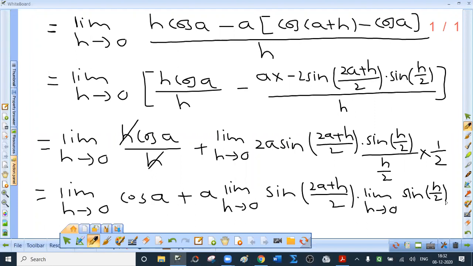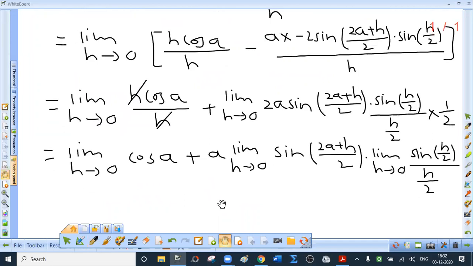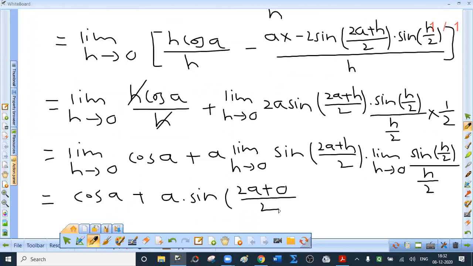Please write that angle in a bracket. Make it a rule. If the angle is a fractional angle, then you have to put that angle in a bracket. Okay. So next step, this is cos a plus a into sine of (2a plus 0) upon 2 into 1.